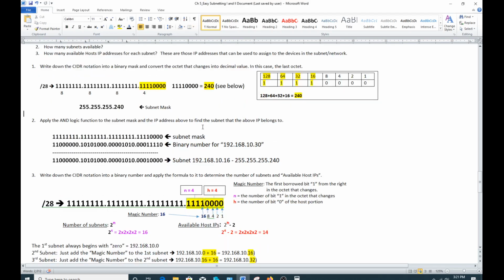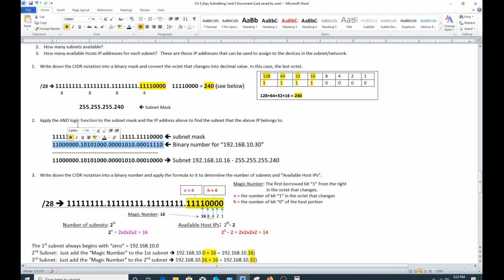Alright, so next, we want to find out which subnet the IP address belongs to. In other words, we want to find out the subnet of this IP address. Well, we simply write down the subnet mask as a binary number, and we convert the IP address into a binary number.